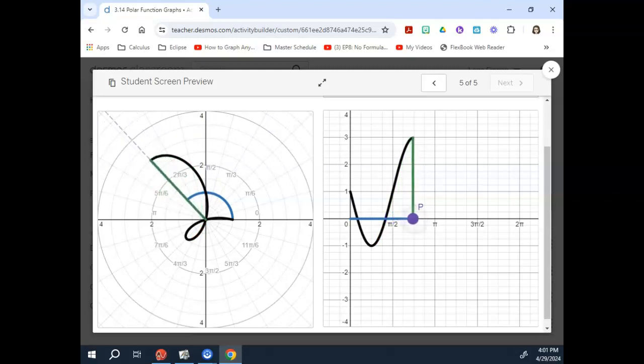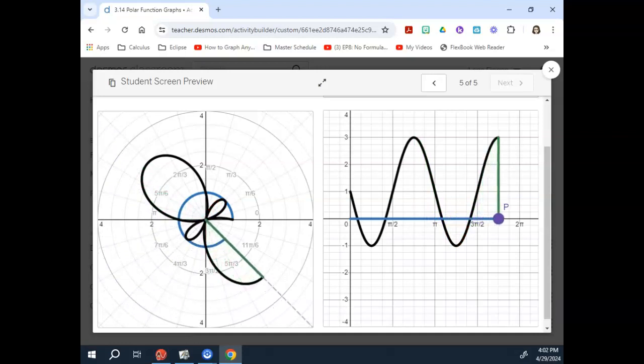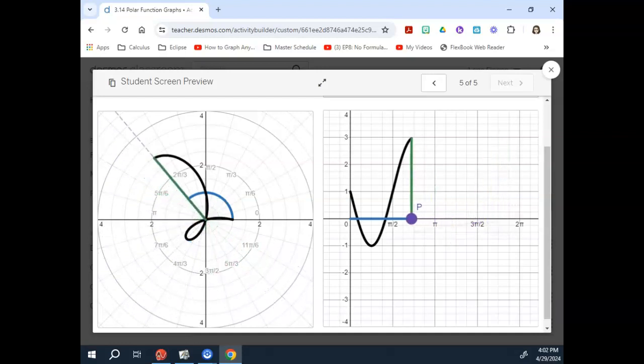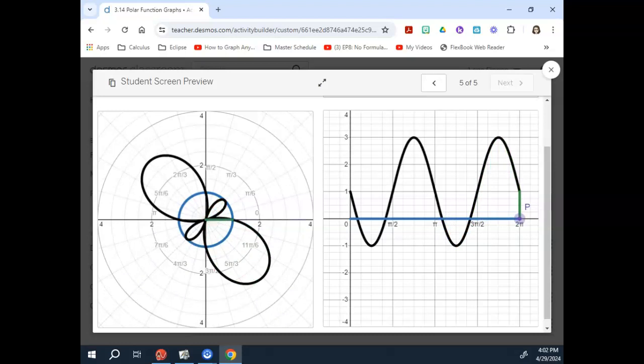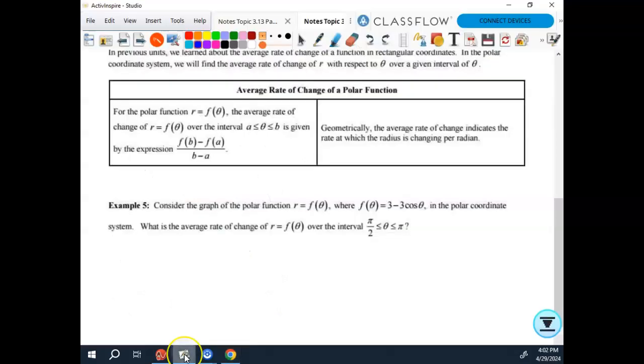Like, this is the farthest I get out, right? And that's positive, and that's my maximum. That's a minimum because it's a negative radius. And then that's another maximum. So here, my maximum on my rectangular graph is my maximum on my polar graph. My minimum on my rectangular graph is my minimum on my polar graph. And the reason it's a minimum is because that is a negative radius there. And then that's just a cool looking graph.